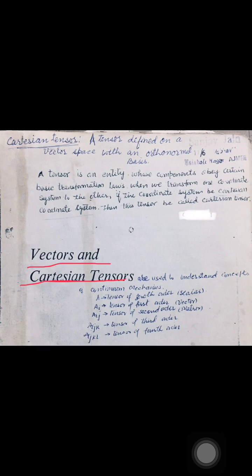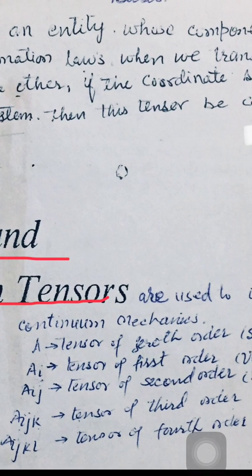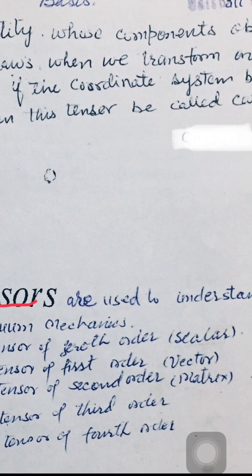In continuum mechanics, a simple A is a tensor of zeroth order, because that simple A doesn't have any index. So it is a tensor of zeroth order, and that is known as a scalar.